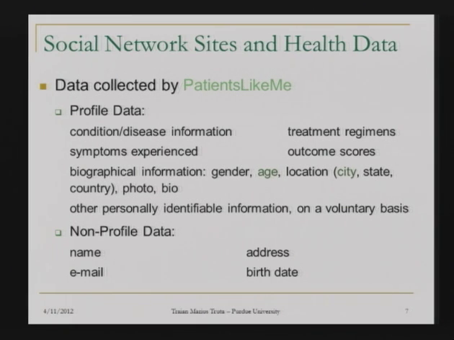So what kind of data does Patients Like Me collect? Profile data and non-profile data. In this data, you can see that there is a lot of information like gender, age, location, city, state, photo, biographical information, and then treatment, of course, symptoms, and so forth.